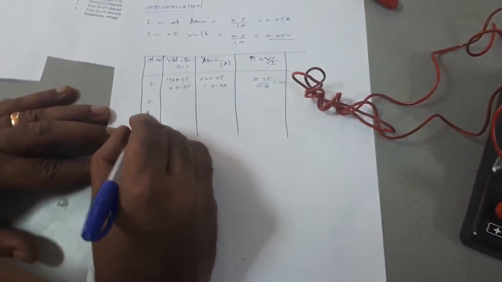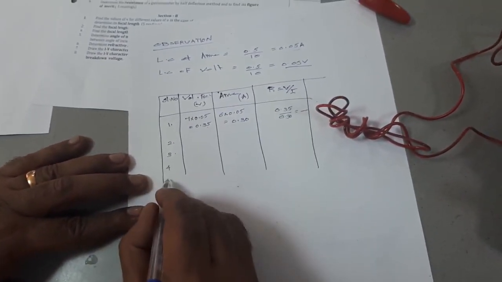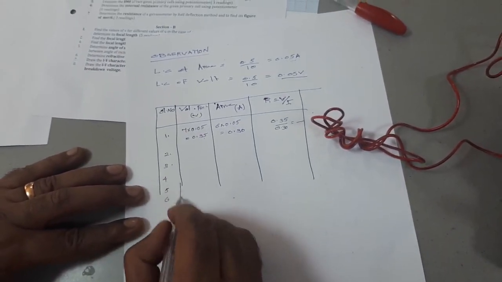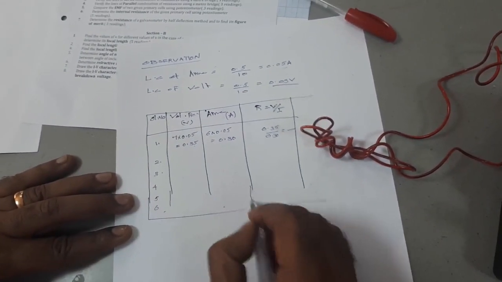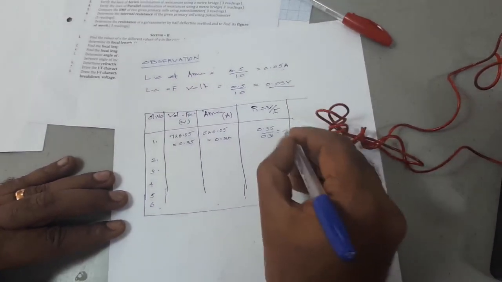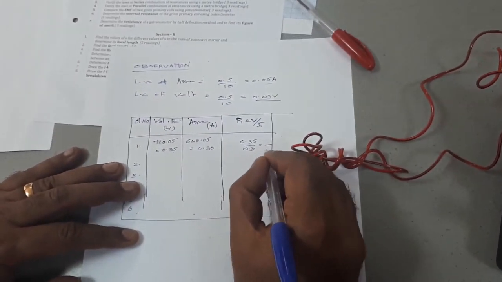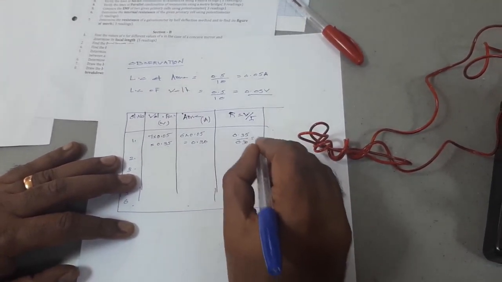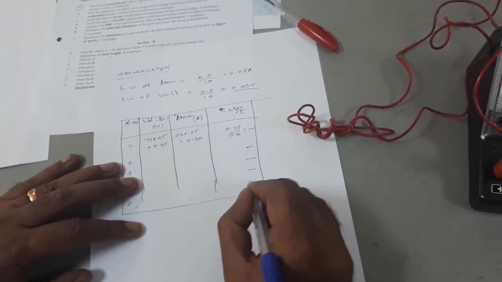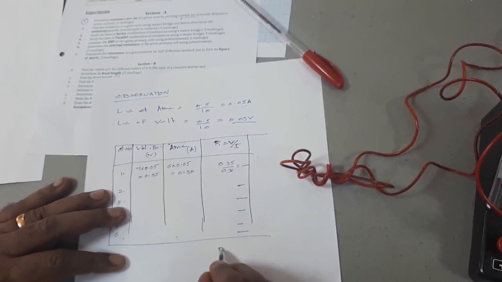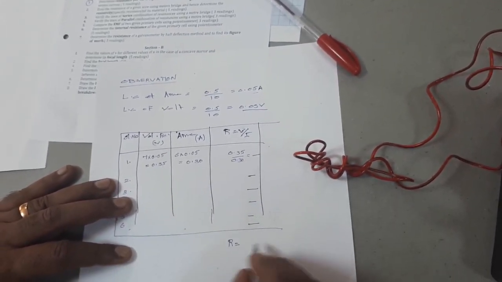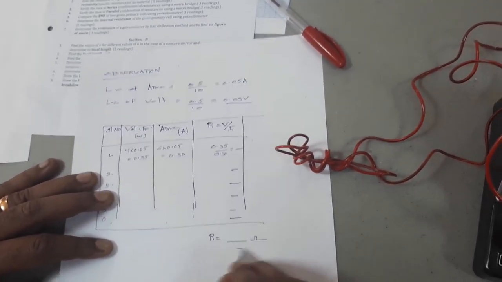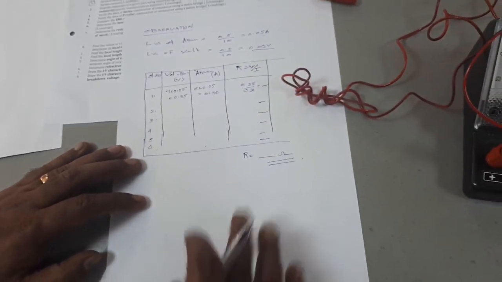Like that, 3, 4, 5, 6 sets of readings we are taking. And in 6 sets of readings you will get 6 resistances. We are repeating 6 times with different voltage and current, and after that we are taking the mean value of the resistance. So you got the mean value of the resistance.